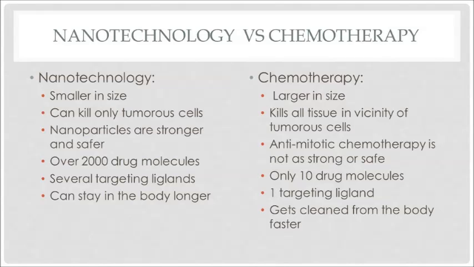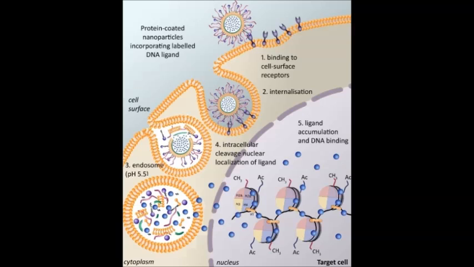They also are more effective because they can carry over 2,000 drug molecules to the cancer cell, while in chemotherapy it can only take up to 10 drug molecules into the cell. So it's essentially safer as well as more effective for the patient.